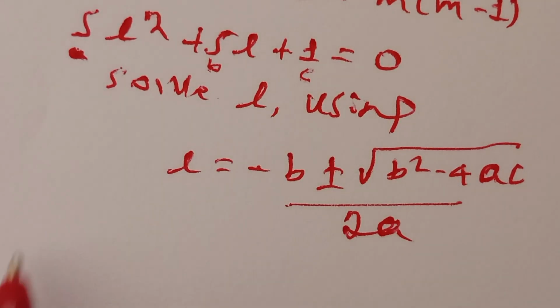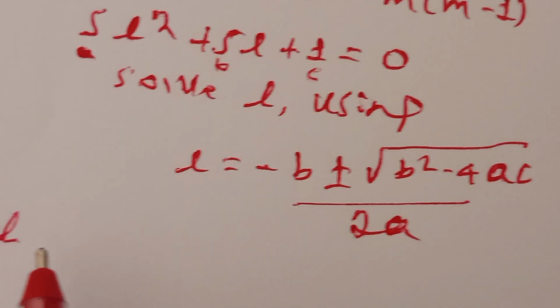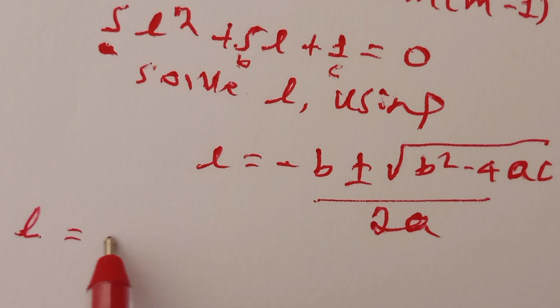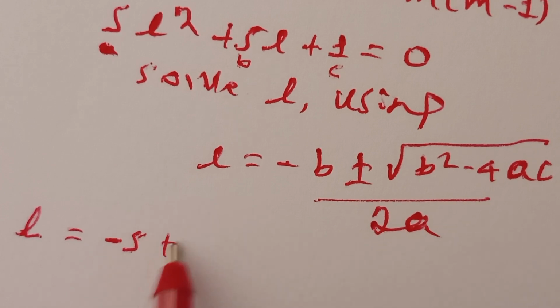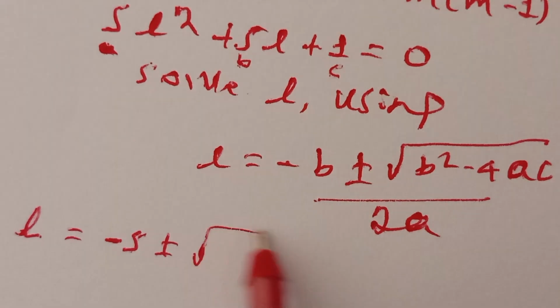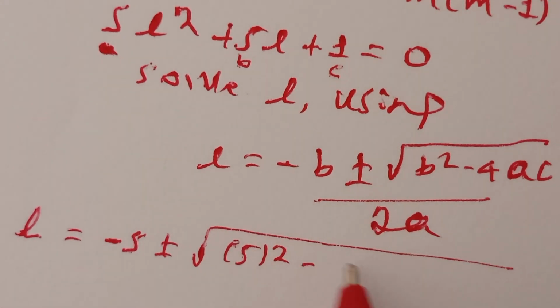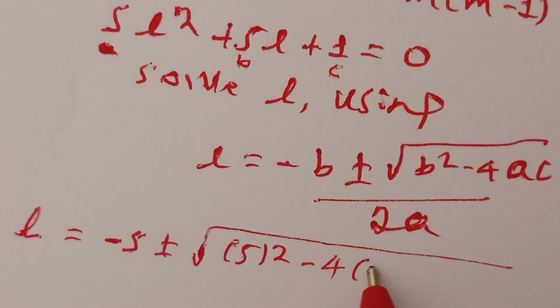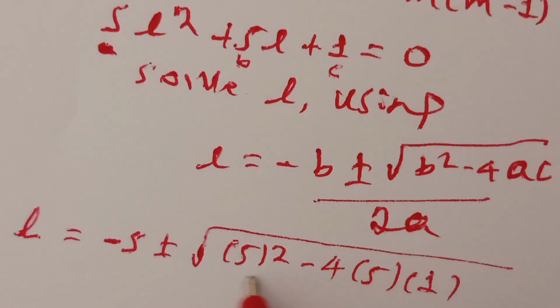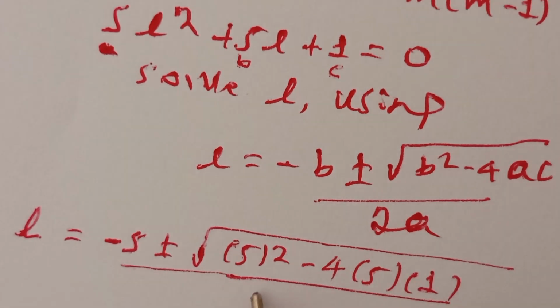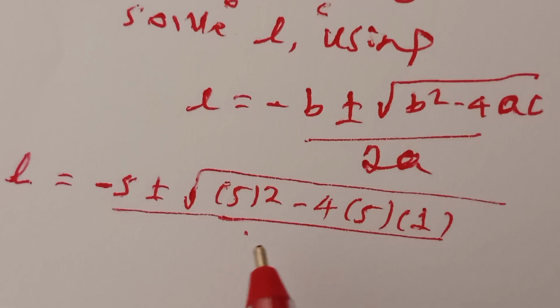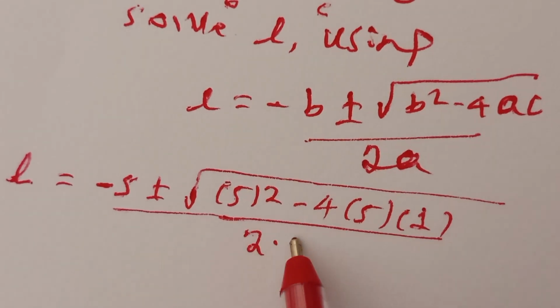So based on this, L is equal to minus b, minus 5, plus or minus the square root of b squared, 5 squared, minus 4, a means 5, c means 1, over 2a, 2 times 5.